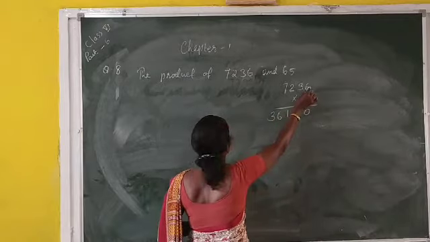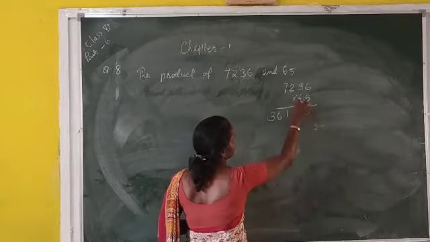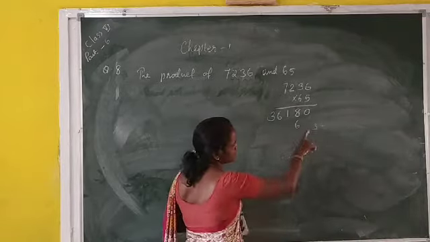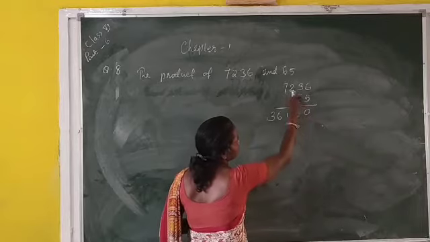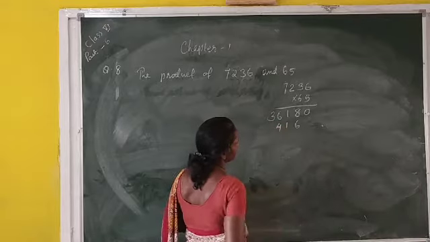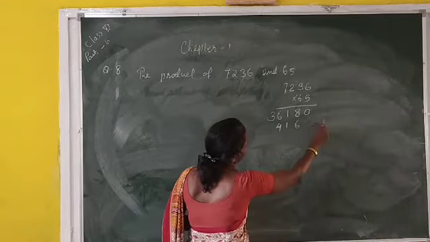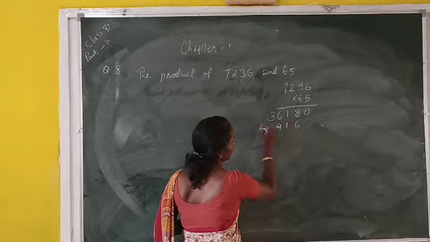Then next multiply by 6, 6 6s are 36, carry 3, 6 3s are 18, 18 plus 3, 21, write 21, carry 2, 6 2s are 12, 12 plus 2, 14, carry 1, 6 7s are 42, 42 plus 1, 43.